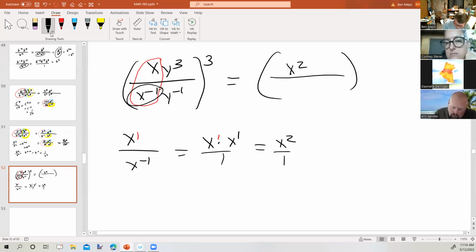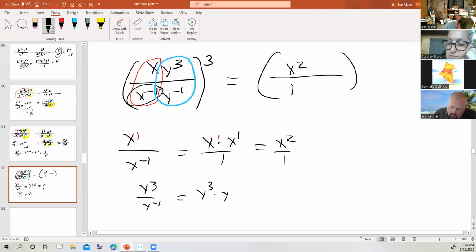Okay. Then let's take a look at this. We've got y cubed over y to the negative 1, which is y cubed times y to the positive 1, which is y to the 4th. So that's that. But we still got a cubed outside, don't we?